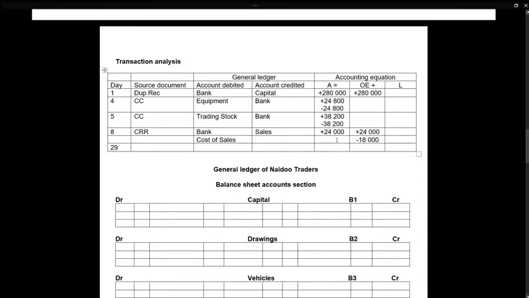And my trading stock will decrease because remember, the customer's taking it home. Trading stock is classified as an asset, therefore my asset will decrease with my 18,000 Rand, which I calculated. There you are, done with that transaction. You can see this as two separate transactions or as one, but 24,000 will equal 24,000 plus 0, that one's correct, minus 18,000 will equal minus 18,000 plus 0, that one is correct as well.